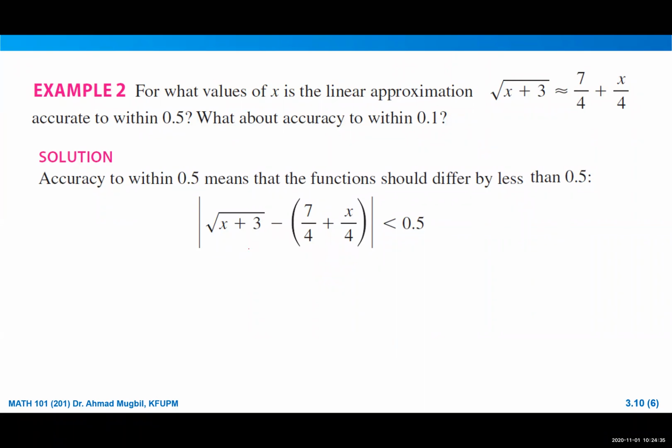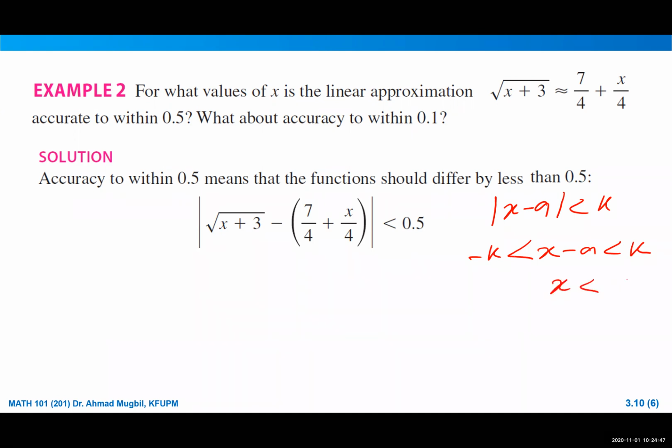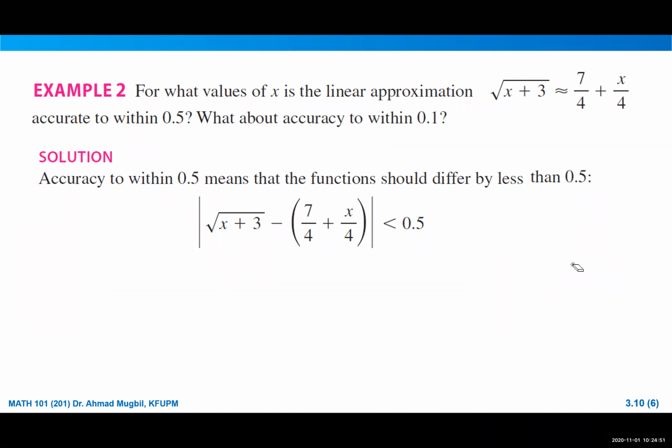So now you remember when you have the absolute value of x minus a less than k. This will be x minus a less than k and greater than negative k. Now you will just add a to both sides to solve it for x. Now we will do the same here. So what does that mean without absolute value? It means that the linearization minus square root of x plus 3 is less than 0.5 and greater than negative 0.5.